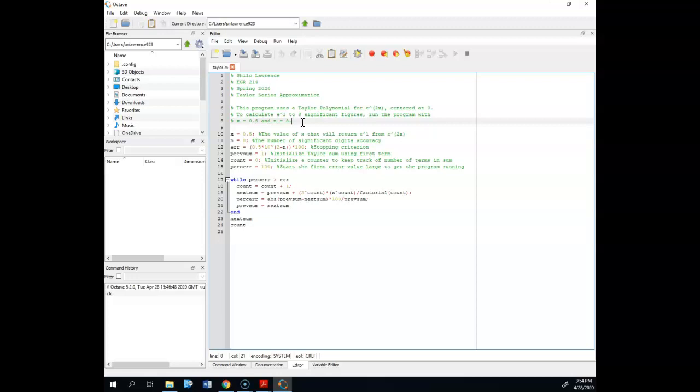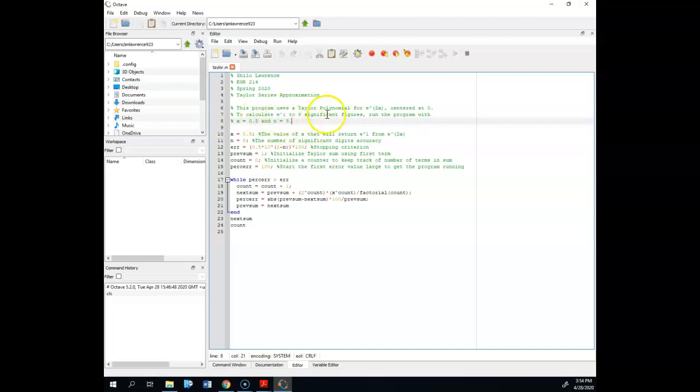This program uses a Taylor polynomial specifically for e to the 2x, centered at 0. I am going to calculate an estimate for e to the first power to 8 significant figures, which means to the nearest millionth.